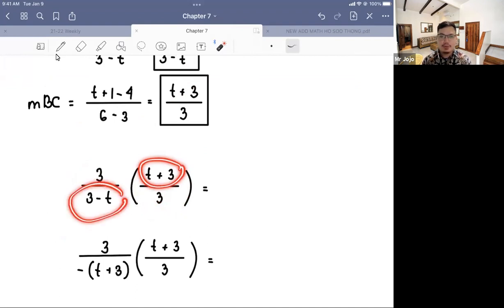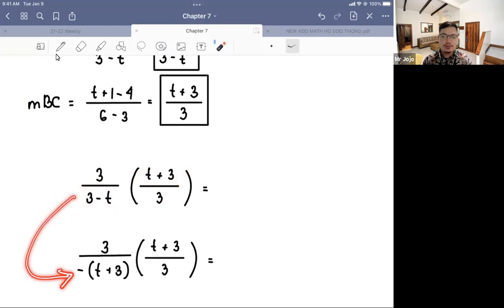So what should we do first? What I did here is extract negative 1 from 3 minus t, because you want this to be the same as this. When you extract negative 1 from here, it becomes similar to t plus 3.